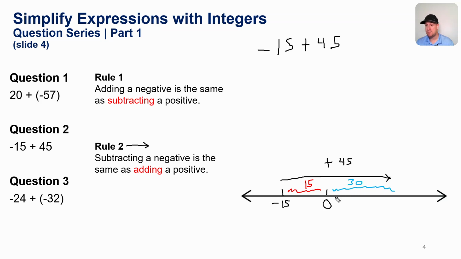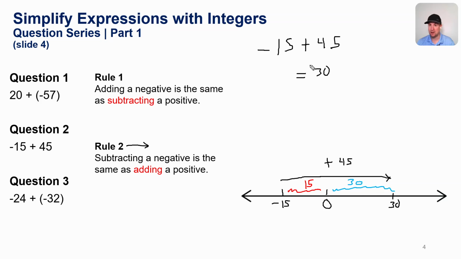So where I end up here, if I add 45 to negative 15, I'm going to end up at a positive 30 here. Essentially what you're doing, because these are different sign numbers, a negative and a positive, you're finding the difference between those two numbers, subtracting them in effect. 45 minus 15 is 30. And since the bigger number is positive, positive 45, that is the final sign. You have a positive 30.